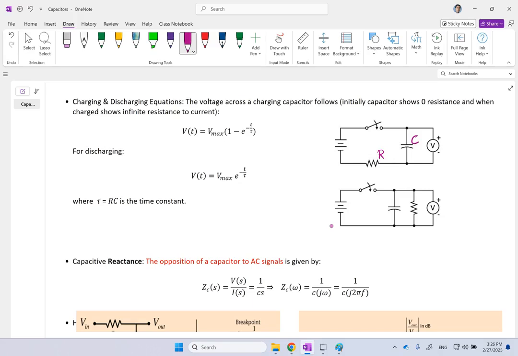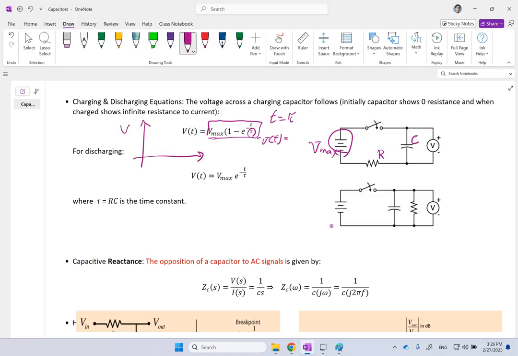And if you charge it, the voltage across that is going to be Vmax times 1 minus e to the negative t over tau. This tau is called the time constant of the system, and this is the time that your voltage is going to be about 63% of the final voltage.